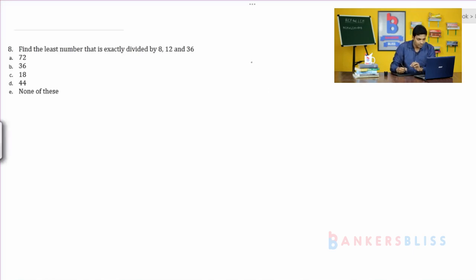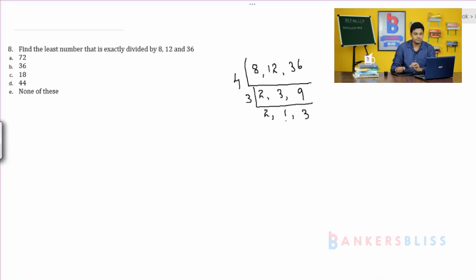So, LCM of 8, 12, 36. It is divisible by 4: 4 2s are 8, 4 3s are 12, 4 9s are 36. Next, the last two are divisible by 3: 2 you write as it is, 3 1s are 3, 3 3s are 9.